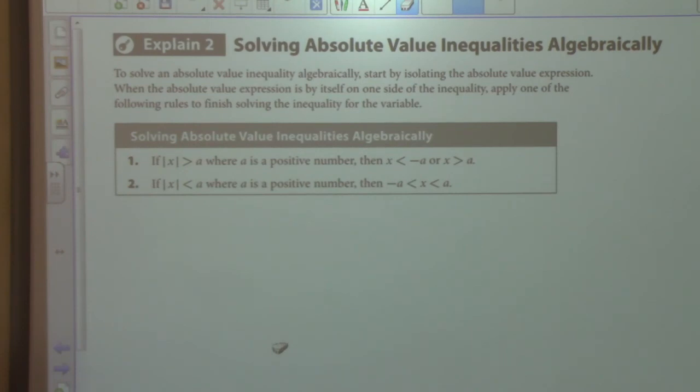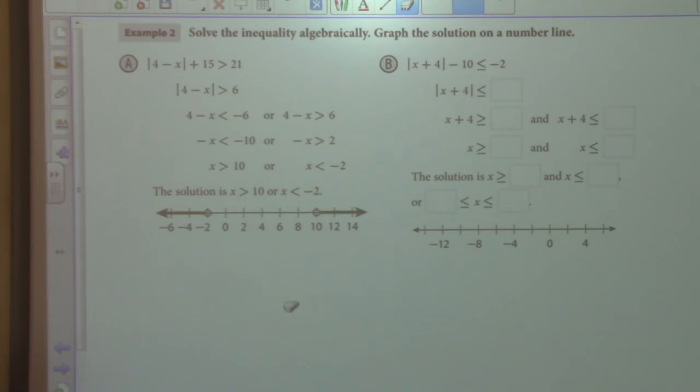Now we're segueing to solving algebraically. Who said the equation, Braden or Jose? Jose talked about solving equations, right? Anyway, this takes you through an example showing everything they do. First thing we have is subtracting 15, so you take this inequality, minus 15, you get 6 here.